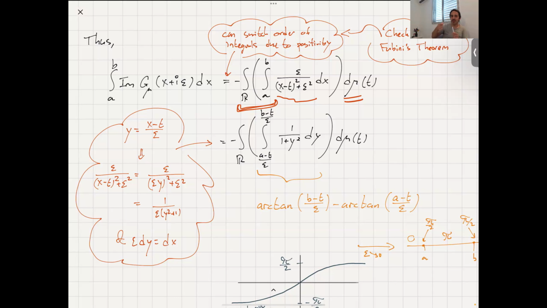Fubini's theorem tells you under what conditions the integral according to the product measure is the same as first integrating according to x and then according to y, or the mu t in this case. And if the conditions hold, then you can integrate first according to x and then y, and you can also integrate first according to y and then x.